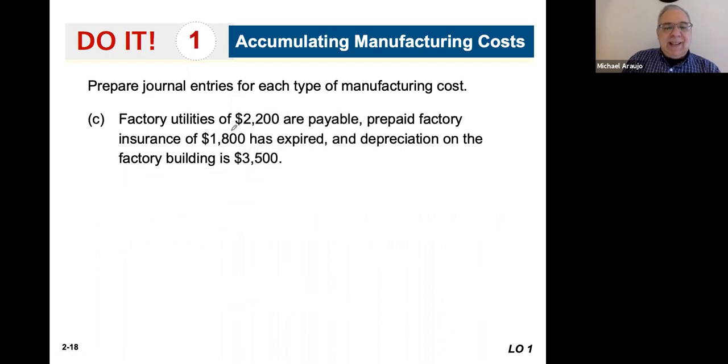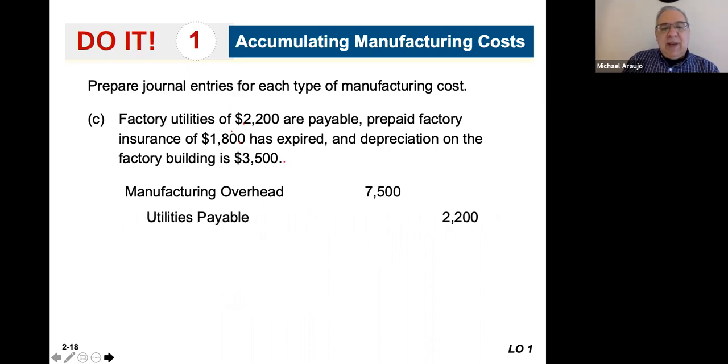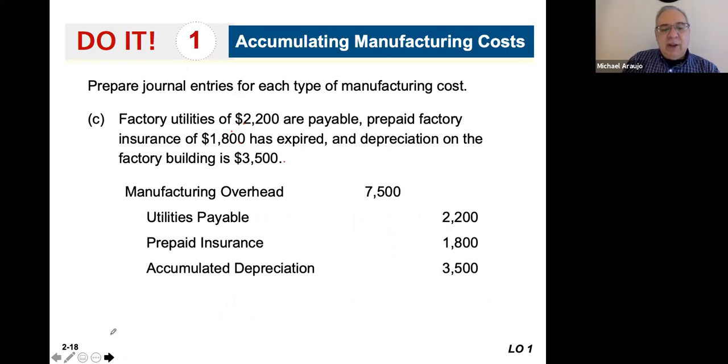And the last thing that they want you to do is make sure you understand all of these are part of manufacturing overhead. Manufacturing overhead is going to have the debit for $7,500, and that includes the utilities payable of $2,200 credit, prepaid insurance, $1,800 credit, and accumulated depreciation of $3,500 on the credit side. That's how it all balances.